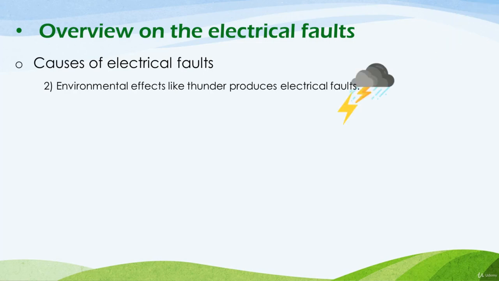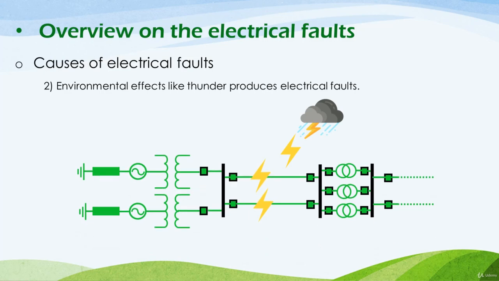The thunder may hit the transmission towers which produces a short circuit condition, as the thunder charge may connect two phases together as it breaks the insulation between the different phases. So the break of the insulation makes an excessive current move through the phases, as this is a fault condition. So that's the general idea about the fault causes.